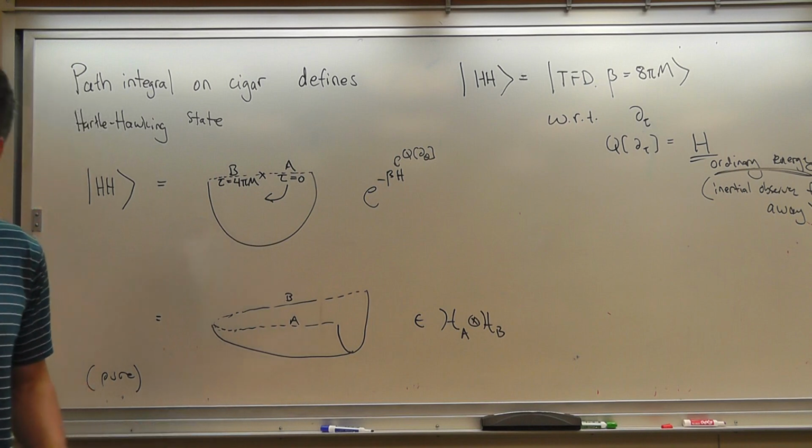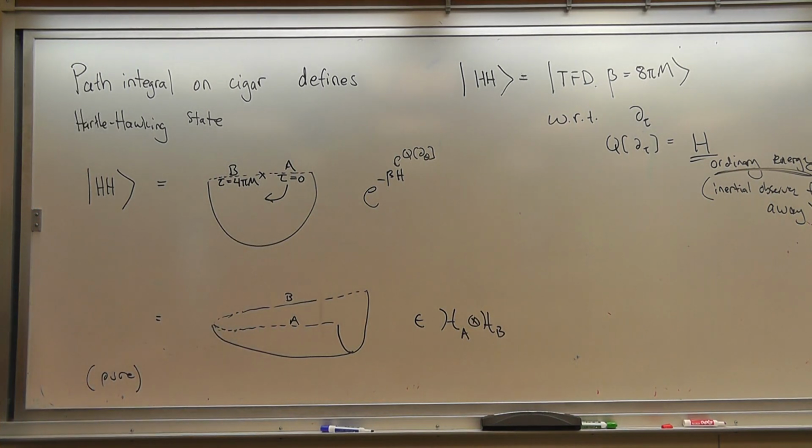Sorry, but in that case, we got the accelerated Hamiltonian. That's right, in that case it was the accelerated one. What I mean is the i's went away when we Wick rotated. In that case, rotating in Euclidean gave a charge that was the energy measured by an accelerated observer. But in this case, it's the Hamiltonian of an inertial observer at infinity, a normal observer.